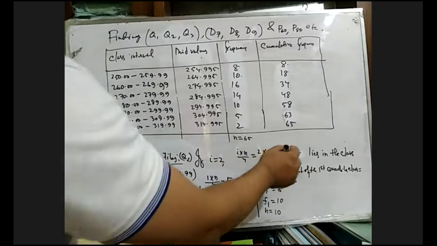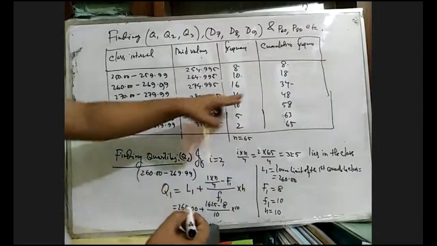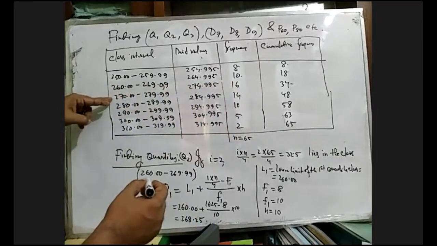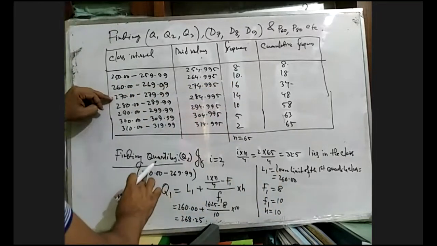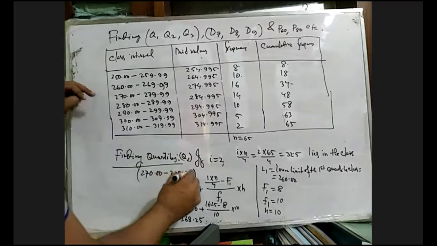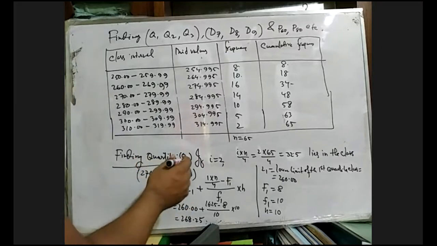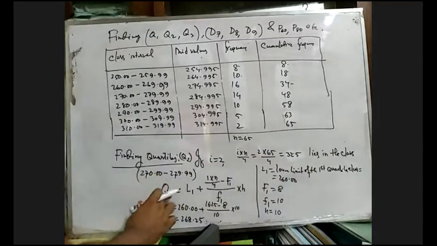In which class does 32.5 lie? Actually it lies in this class, the third class, 270.00 to 279.99. That means the second quartile lies in this class.